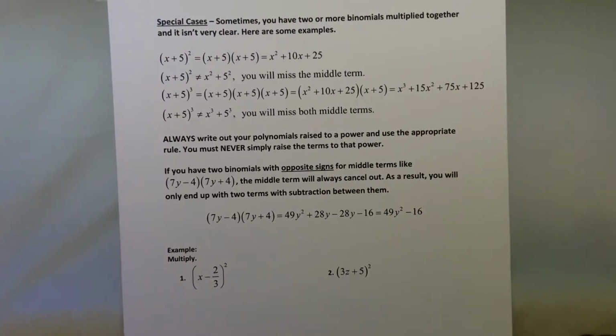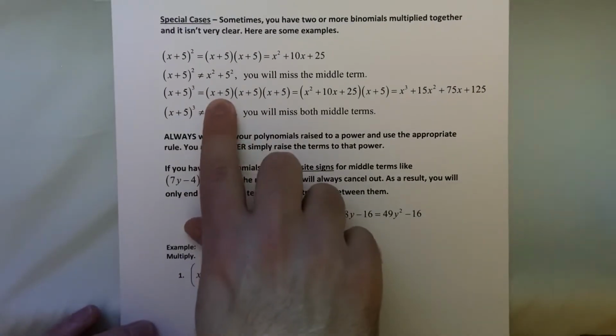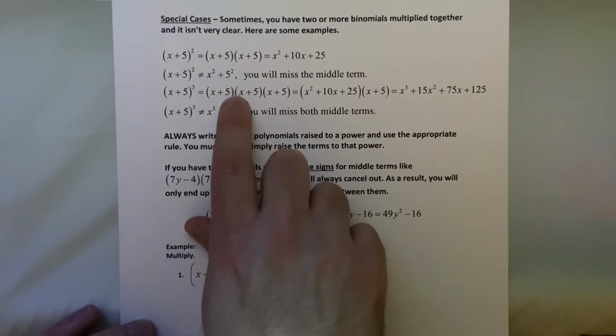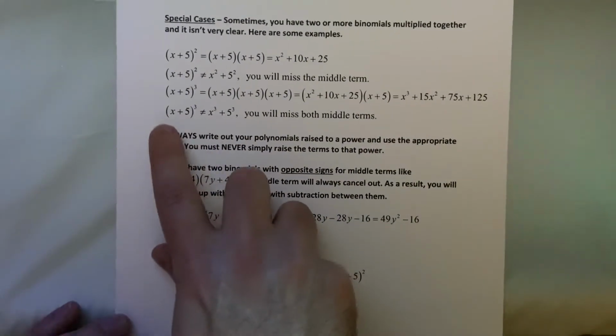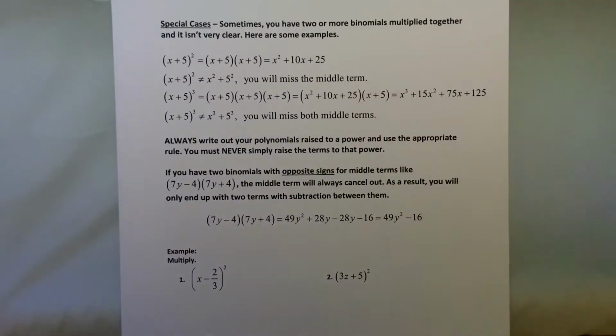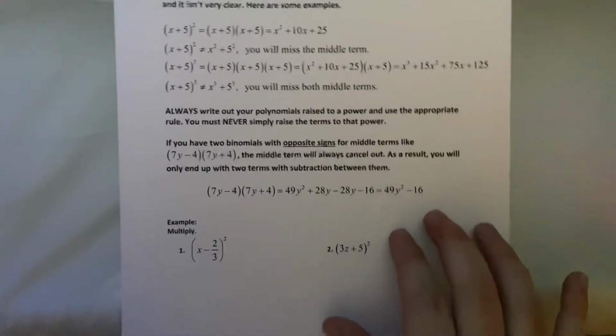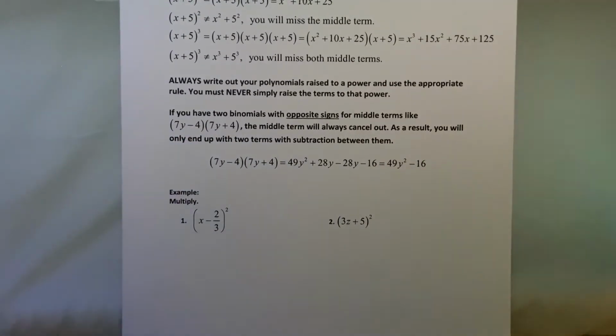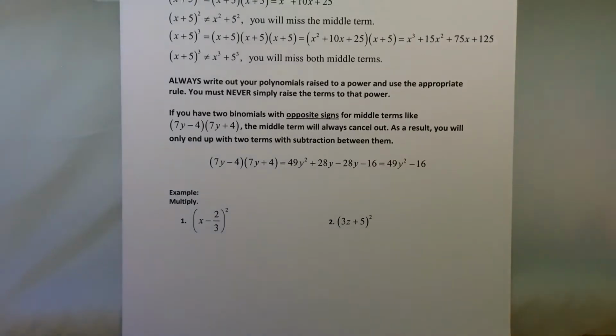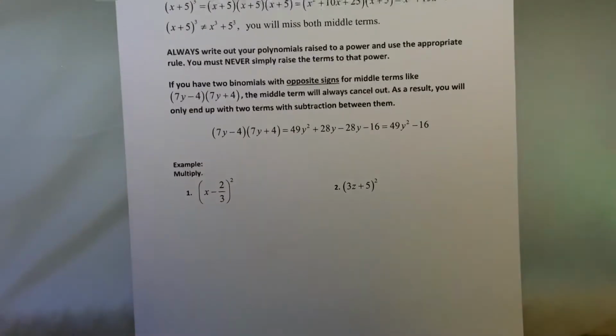If something is cubed, it's times itself 3 times, and you should multiply the first two together, get an answer, take that and multiply it by the third one. And again, don't just cube both terms. That's not going to do it. Like we talked about on the last page, if you have two binomials with opposite signs, those are called conjugates, and the middle term cancels out. So those are our special cases that we might encounter.